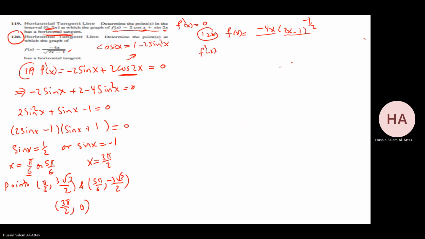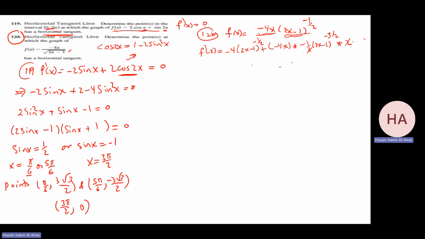So now f prime will be minus 4 times 2x minus 1 to the power minus half, plus this, which is minus 4x, times the derivative of this, which is minus half, 2x minus 1 to the power minus 3 over 2, times 2.